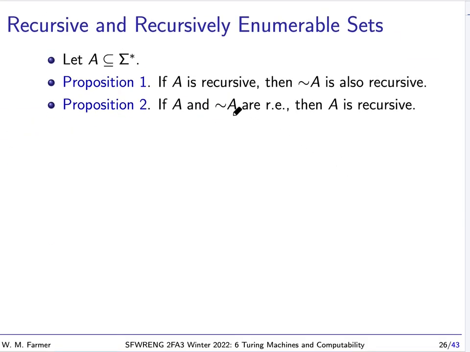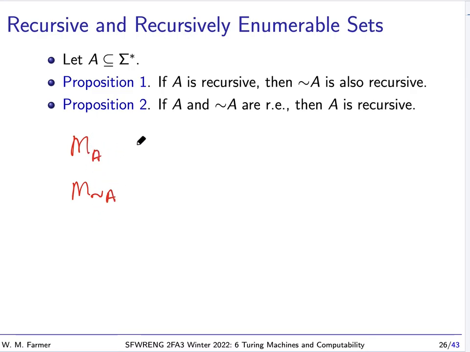There's another proposition which also is easy to prove. If A and the complement are both RE, then A is recursive. This is because if we have a machine that accepts A and the machine that accepts the complement of A, we can build from these a machine that will simulate both of these.